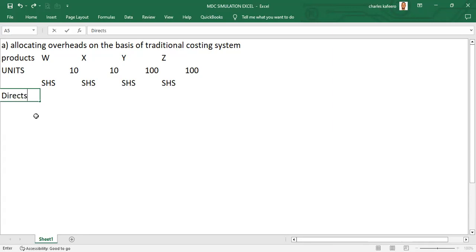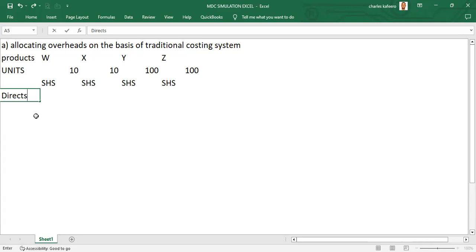If these costs were already allocated, we can just take them the way they are. But remember, we are computing the number of units, 10, 100 and 100 for each product.